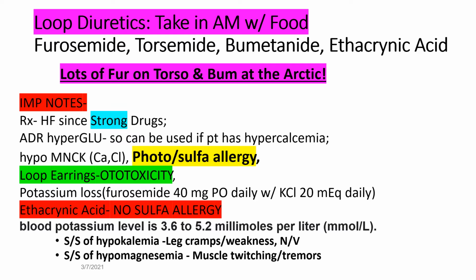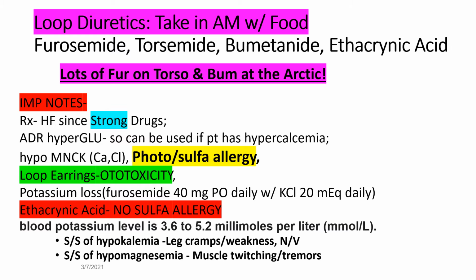This is the mnemonic again, lots of fur on torso and bum at the Arctic. The important note over here is that it is used to treat heart failure since it is a strong drug. The ADR is hypocalcemia, so it can be used if the patient has hypercalcemia, and photosensitivity, sulfa allergy seen with these drugs.